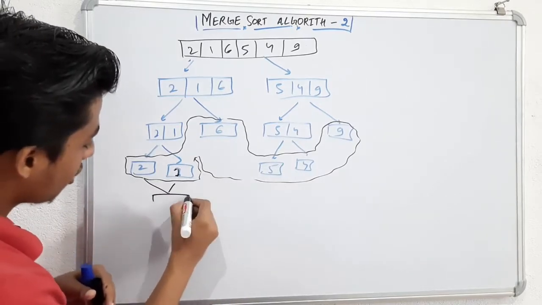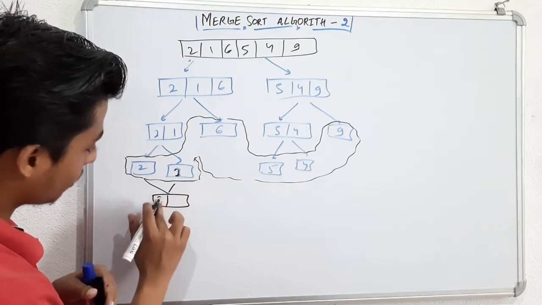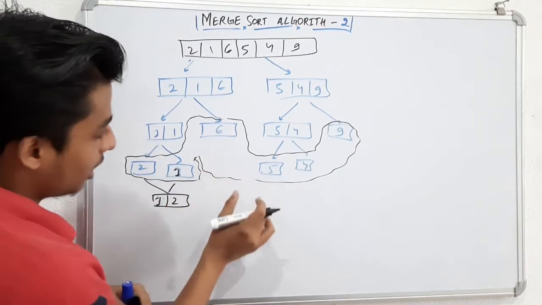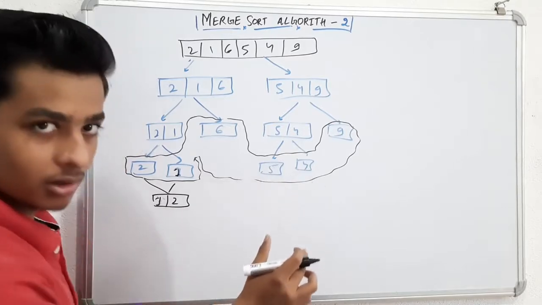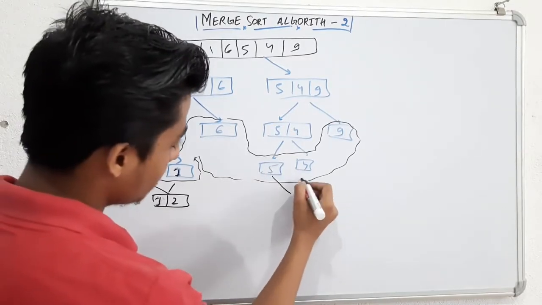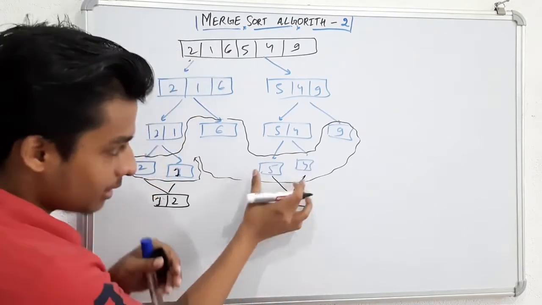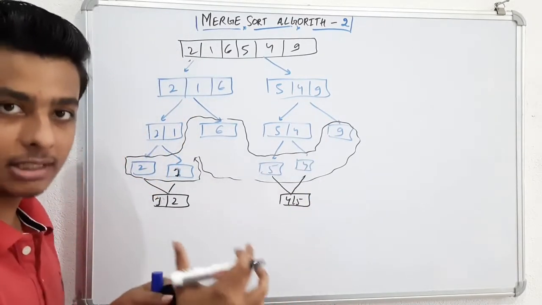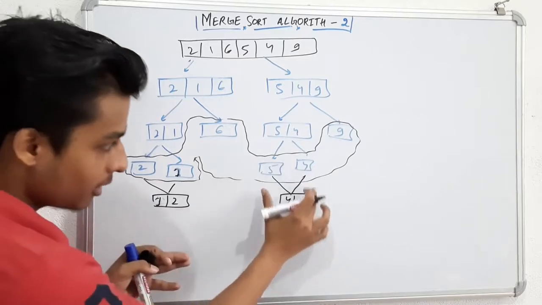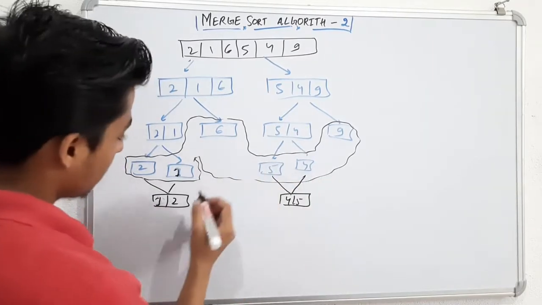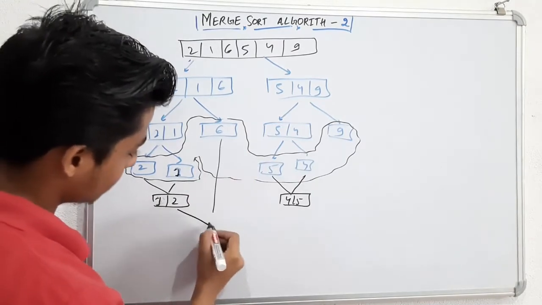Once you merge this, you get 1 and 2. Again you merge these, and you get 4 and 5. These subarrays of size 1 are already sorted, so we merge them to get a sorted array.